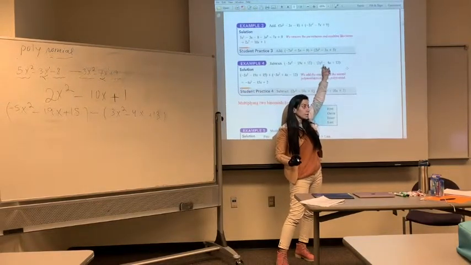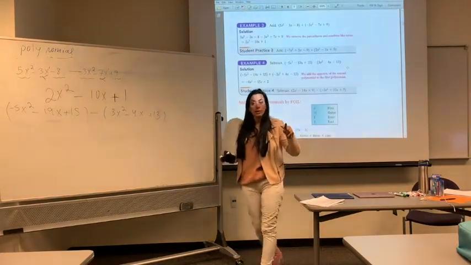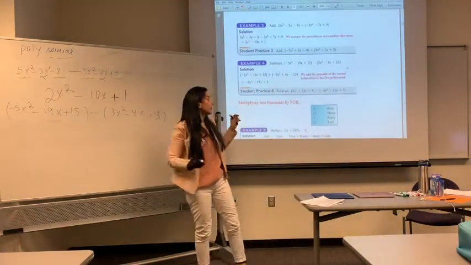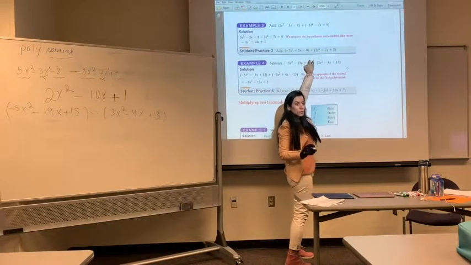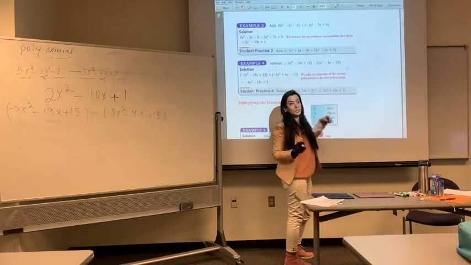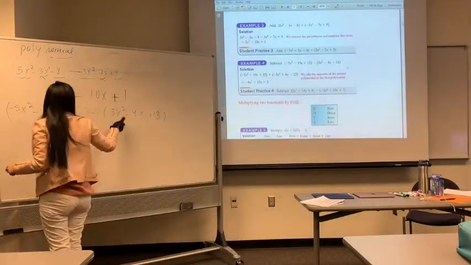So you should apply it to each term. In your exam, I saw many students didn't apply the negative sign, didn't apply the coefficient to each term. So be careful. This belongs to each of these.